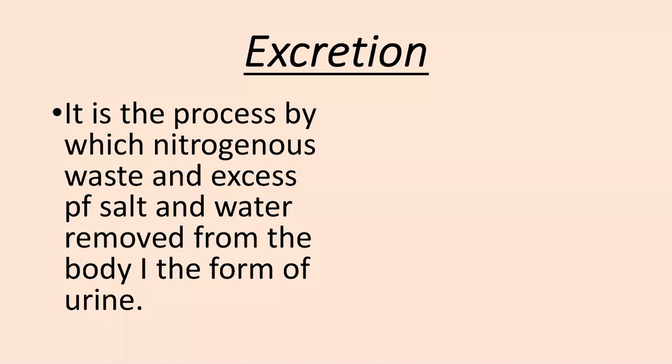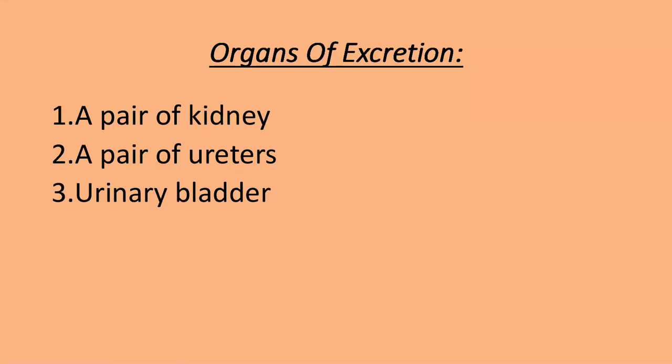Now, what is excretion? We are talking about excretion now. You can see on the screen. It is the process by which nitrogenous waste and excess salt and water are removed from the body in the form of urine. Organs of excretion. What are the organs to perform the process of excretion?